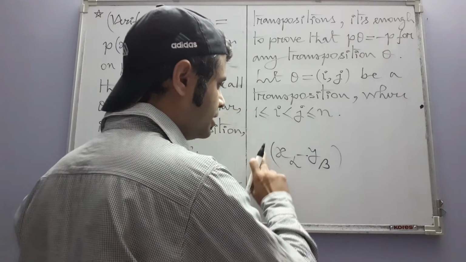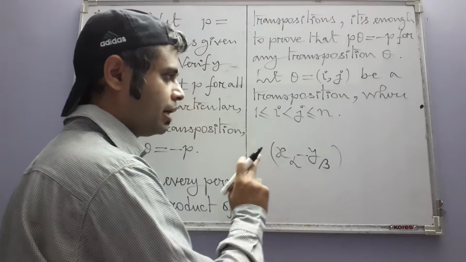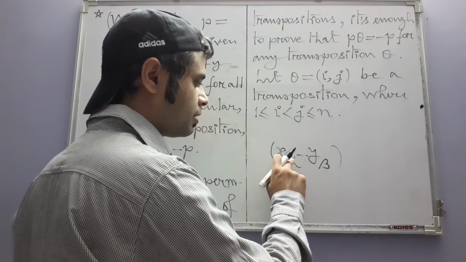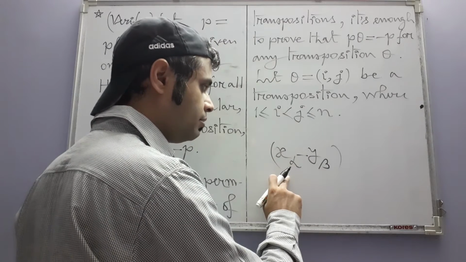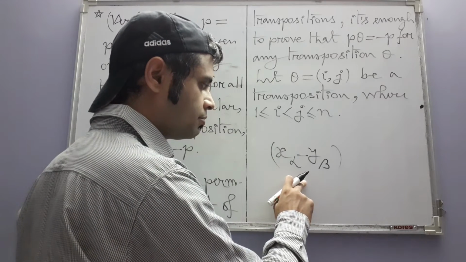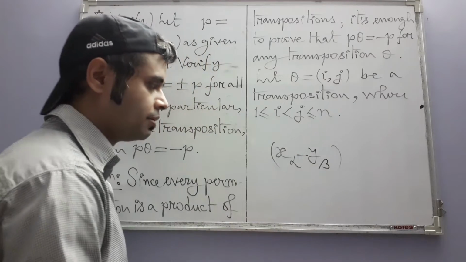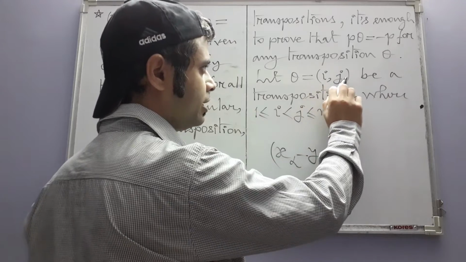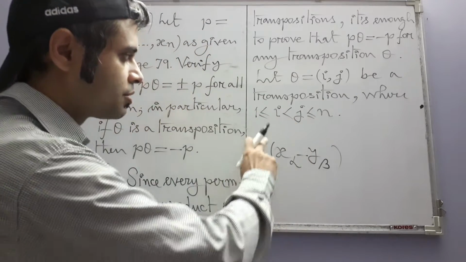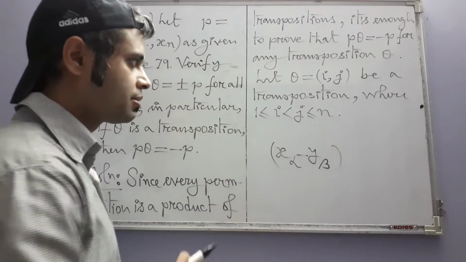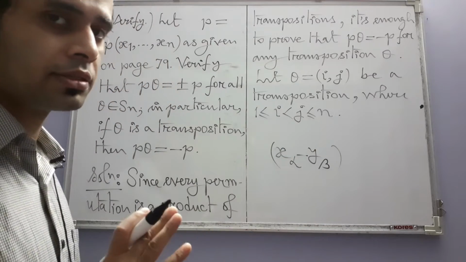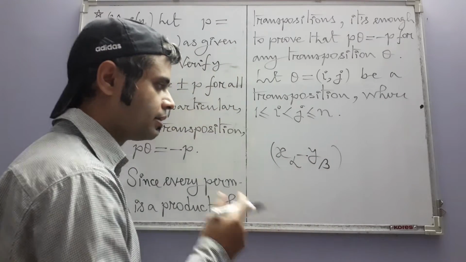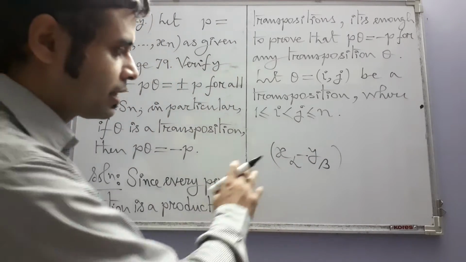So now this factor will be affected by theta provided either alpha is i or j or beta is i or j, because what does this theta do? It changes i to j and j to i, and it keeps all the remaining symbols from 1 through n fixed. So unless these suffixes themselves are either i or j, this factor will not be affected.